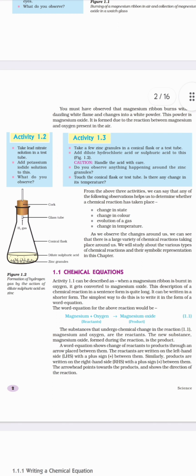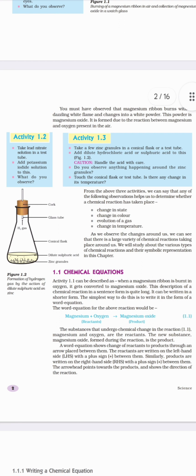So by these activities, the observations that can be made are that a chemical reaction takes place when there is a change in state, a change in color, evolution of gas, or a change in temperature.